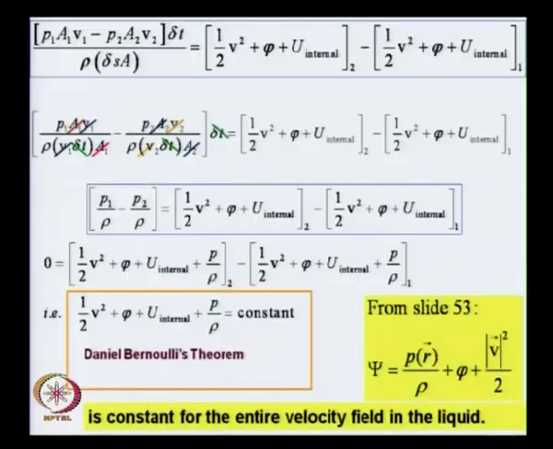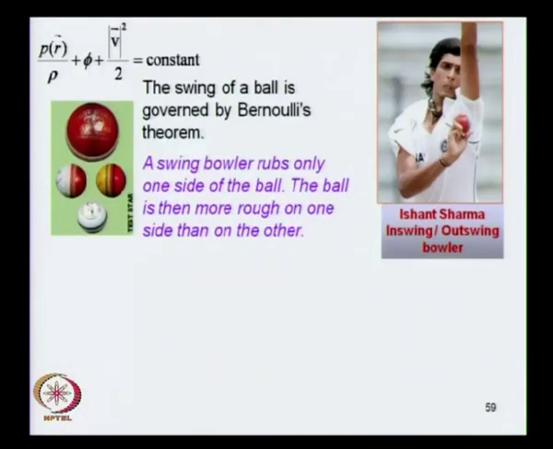But if it is only steady state flow, but if the vorticity is not 0, then we know that this is the constant only along a given streamline. So, this is an extremely important theorem in fluid dynamics, and this has got applications in various kinds of things, and I think what youngsters like to see is its applications in sports.